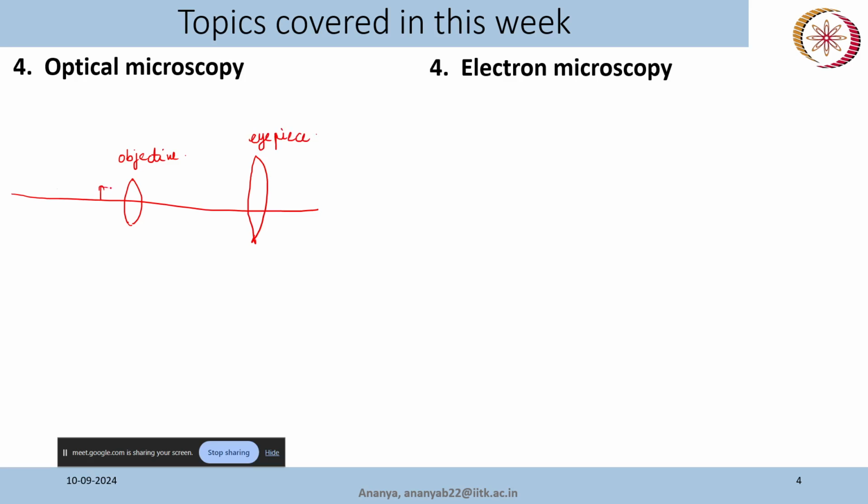Now a light will travel like this. So we will have an image of this object like this one. This is our object. Again, for the eyepiece it will be like this.